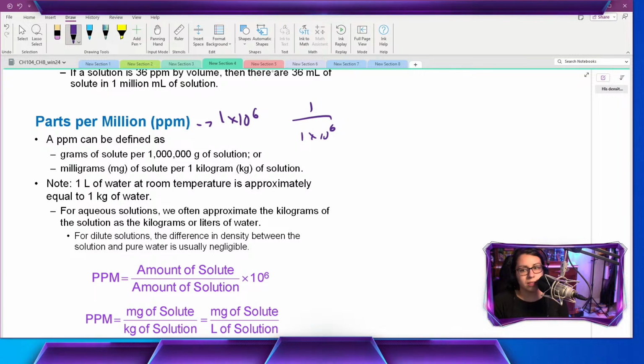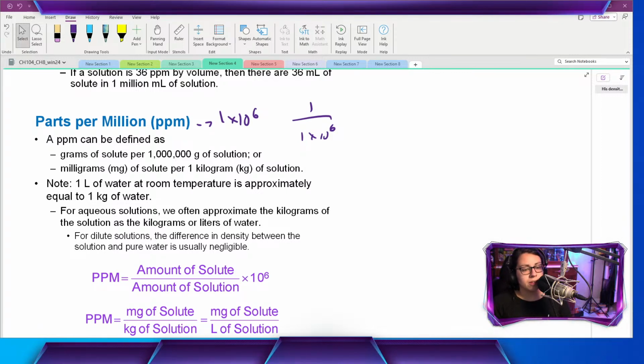So that would be like saying, and this is a good time, you want to check out your local water. You can always look up your water report. Usually with the water reports, they tell you the amount of toxins in parts per million or parts per billion.